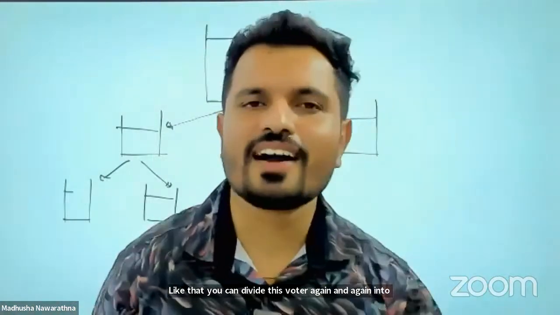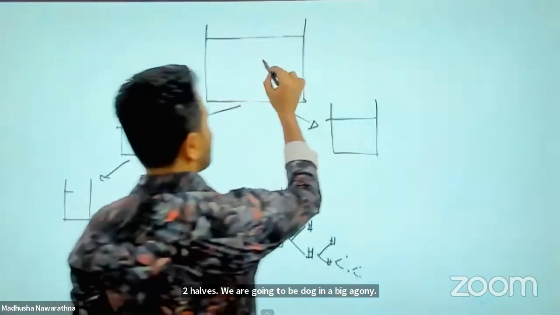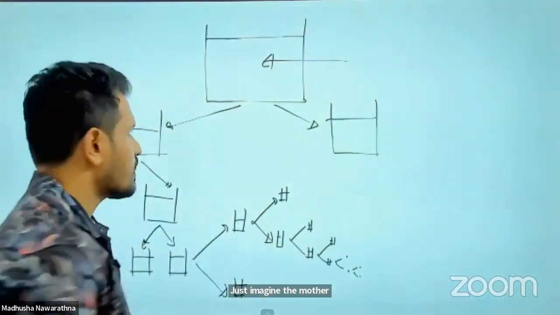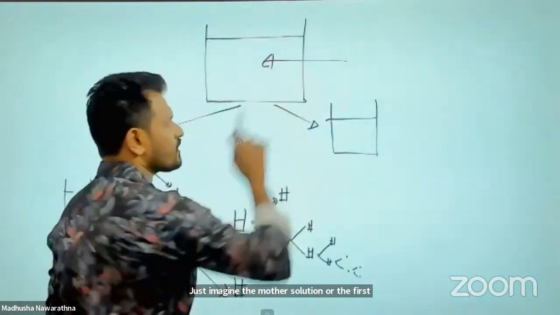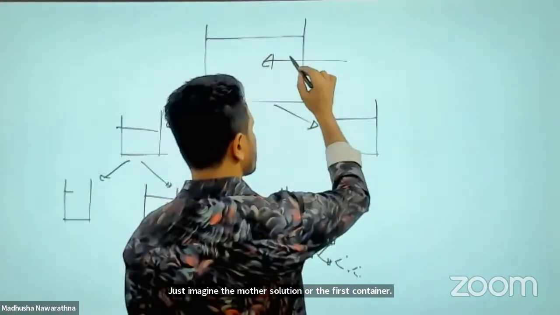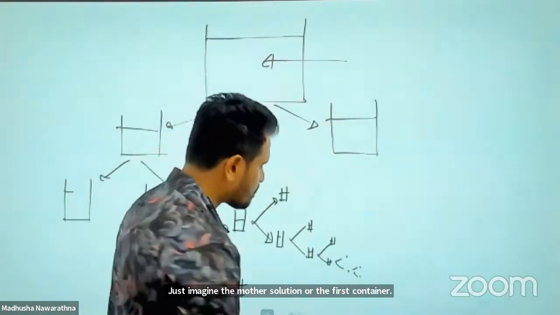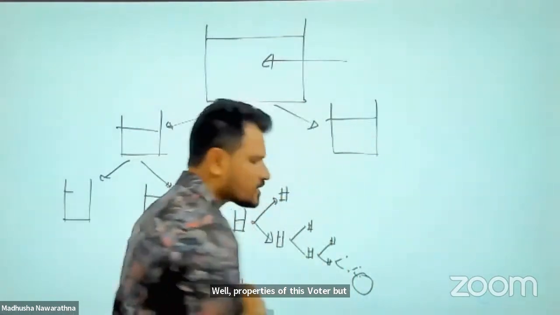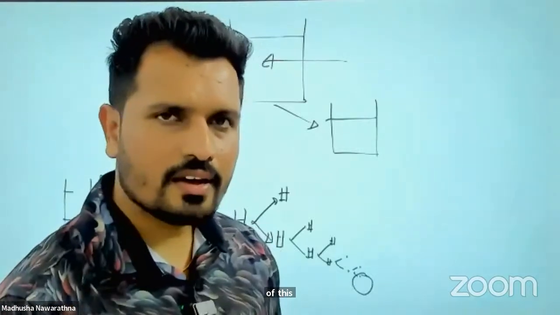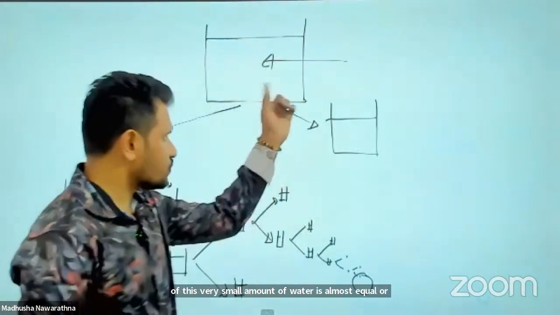බෙදාගෙන යන්න පුළුවන්. But just imagine the mother solution or the first container, පළවෙනි container එකේ තිබුණ water වල තියෙන properties of this water bath and the properties of this very small amount of water is almost equal. Or any differences among these two?